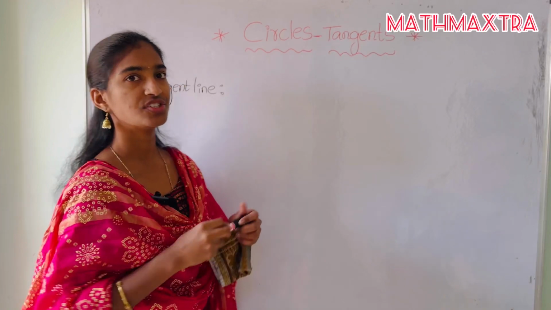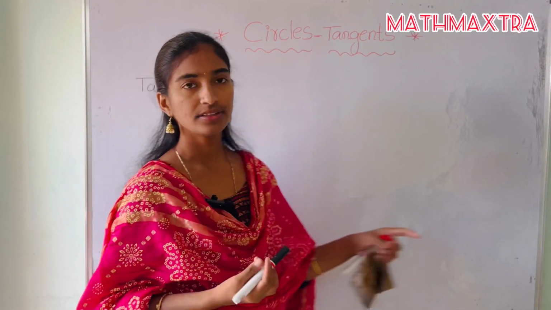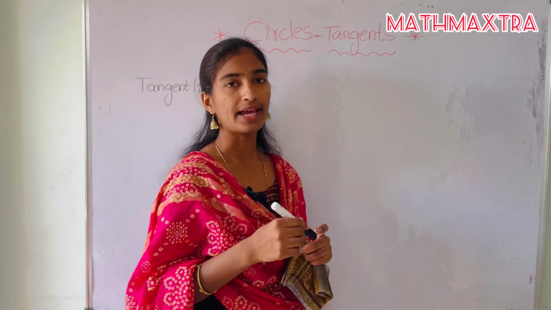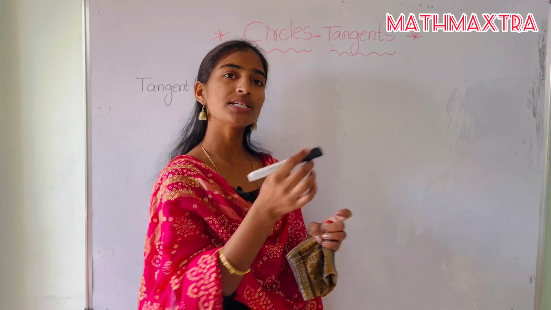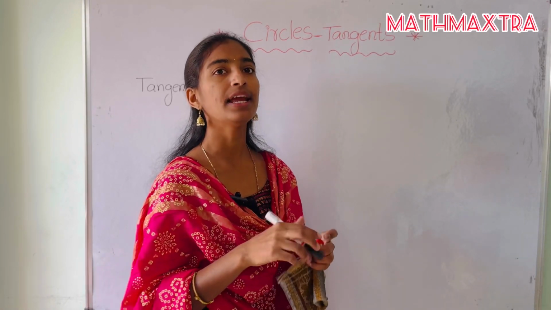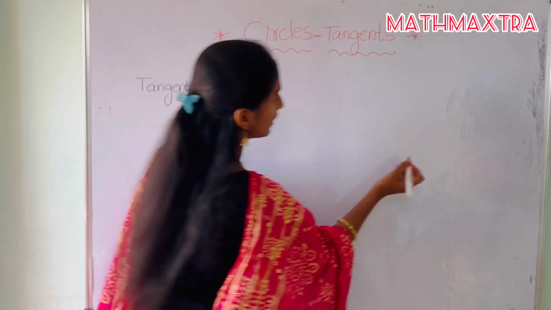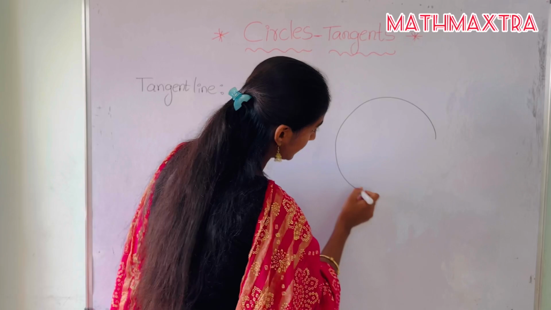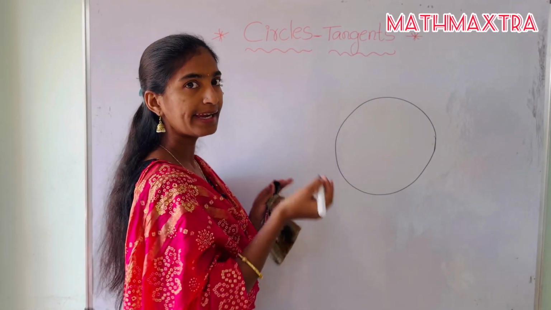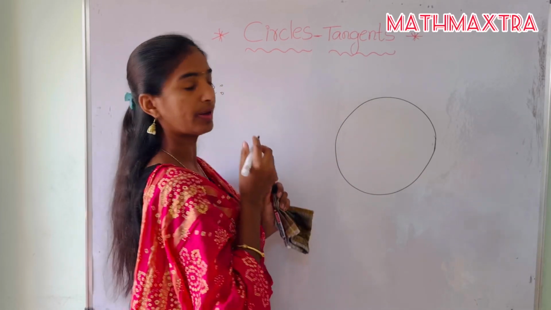Our next definition is tangent line. What is a tangent line? Tangent line is nothing but if you draw a line, that line must cut the circle or must intersect the circle at only one point. See, so this is a circle. I am drawing one line. That line must cut the circle at exactly one point.